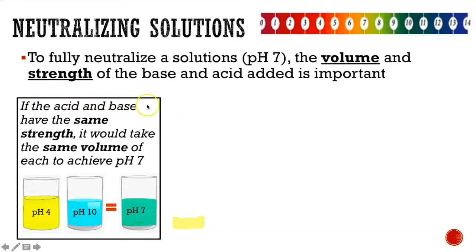If the acid and base have the same strength, meaning that the pH is the same distance away from 7, it would take the same volume of each to achieve a neutral solution. So if I started with an acid at pH 4 and a base at pH 10, those are equal in strength, so I would need the same amount of each to create that neutral solution.